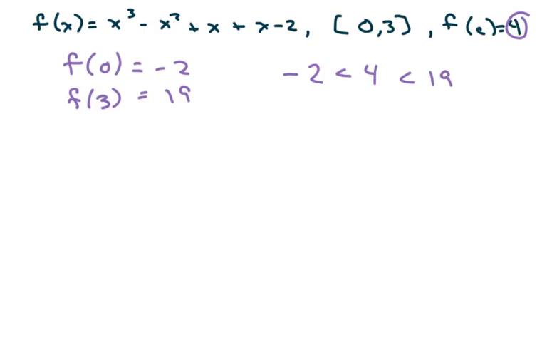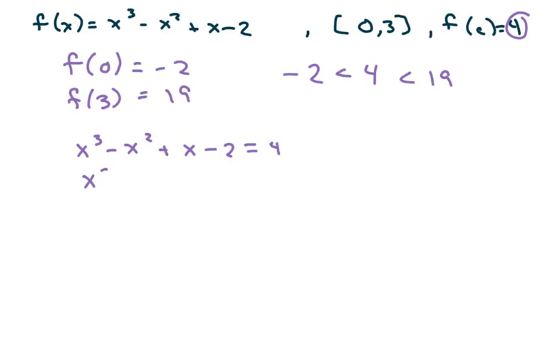Therefore, we're going to evaluate this at 4. We have x cubed minus x squared plus, there should only be one x here. Sorry about that. So plus x minus 2 equals 4.